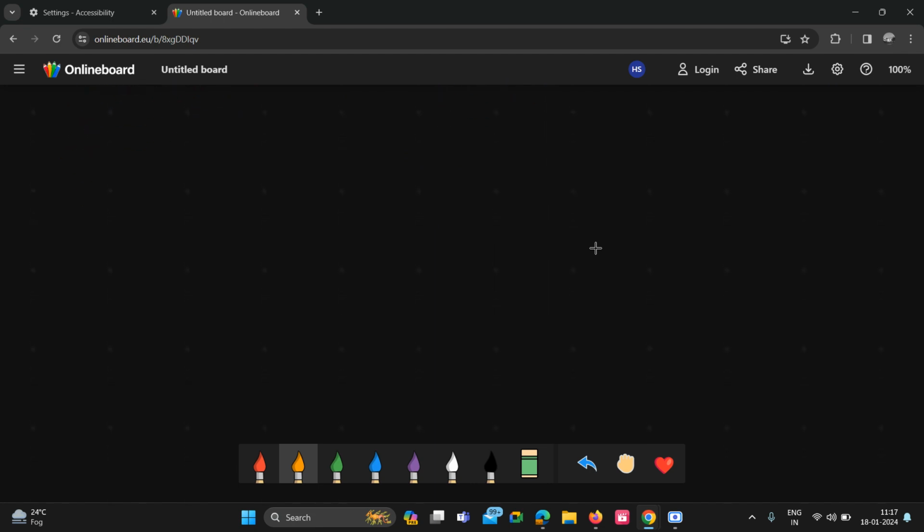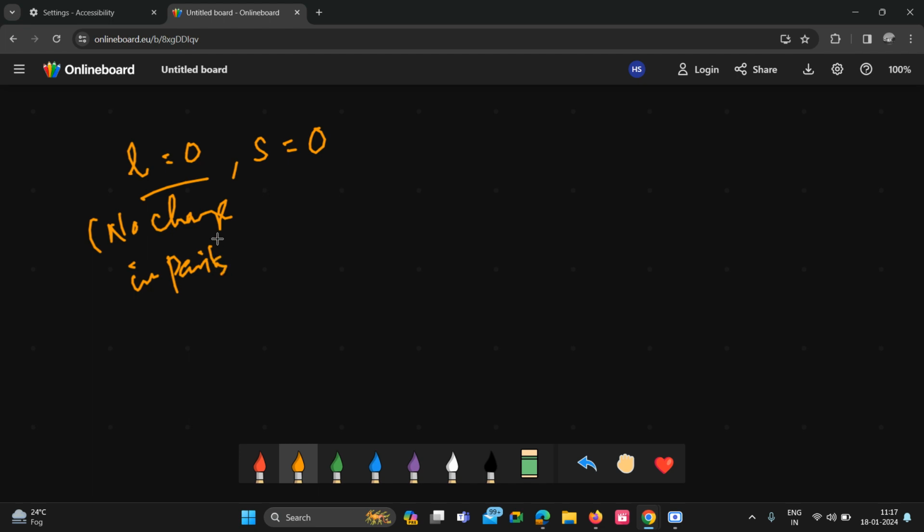So if L is equal to 0 and S is equal to 0, what can I say? L equal to 0 means allowed. L equal to 0 means no change in parity. L not equal to 0 means change in parity.